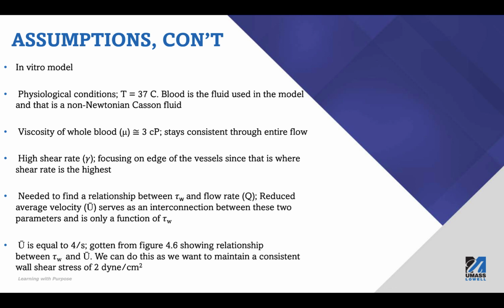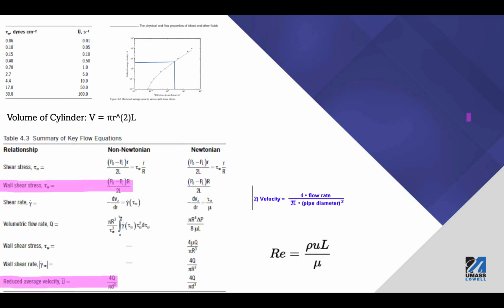The intermediate that we found to connect these two was reduced average velocity, which is a direct function of wall shear stress. Once we could solve for average velocity, it was shown that average velocity is related to flow rate, shown in the bottom, 4Q over pi D cubed, with the diameter of the tube as well.